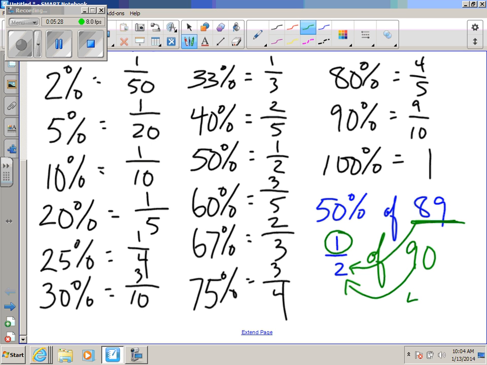Therefore, my answer is 45. Okay? So we use the fraction that's associated with the percent, and then we look at the denominator to find out divisibility, and we use it that way. We didn't even have to strafe off 50% because we already had 50% up there. Any questions?